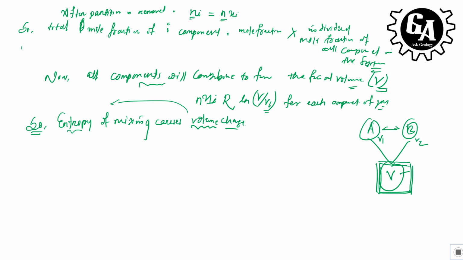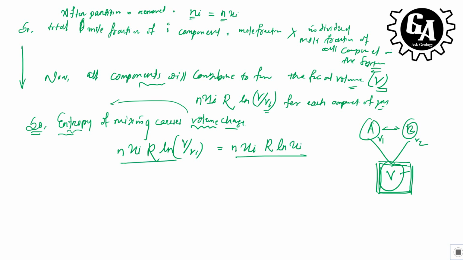Or we can define how the entropy of mixing causes the volume change. So we can rewrite n Xi R ln V by Vi as equal to minus n Xi R ln Xi, because this change in volume is also happening due to this mole fraction combination, the mixing of all those gases.